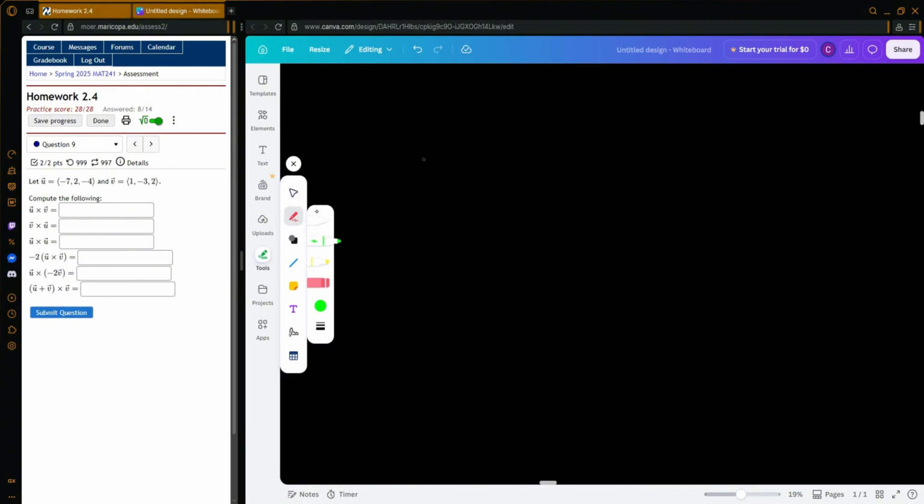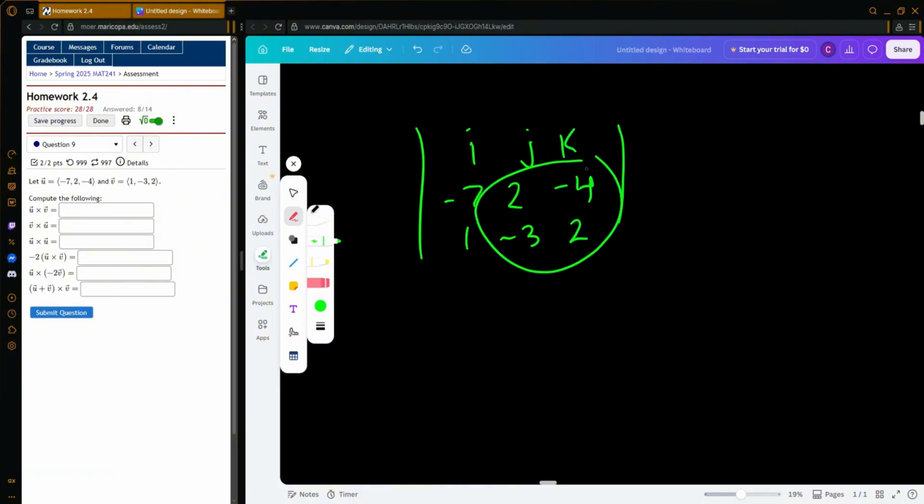So do you cross these, we go i, j, k, negative 7, 2, negative 4, 1, negative 3, 2. Okay, so we'll do 2 times 2 is 4, minus this times this is going to be 12. So that's our first component. We're going to do negative 7 times 2 is negative 14.